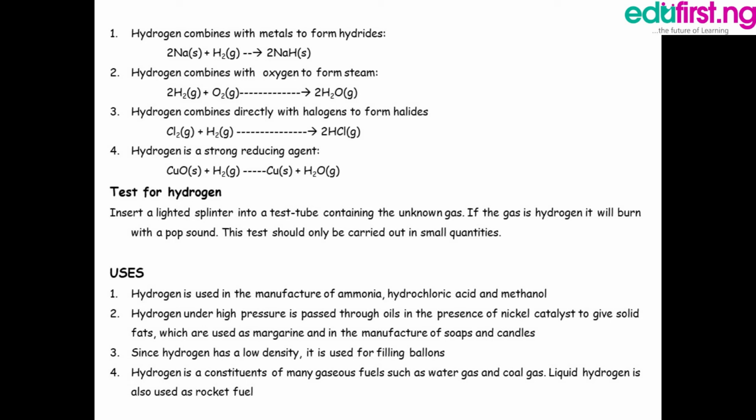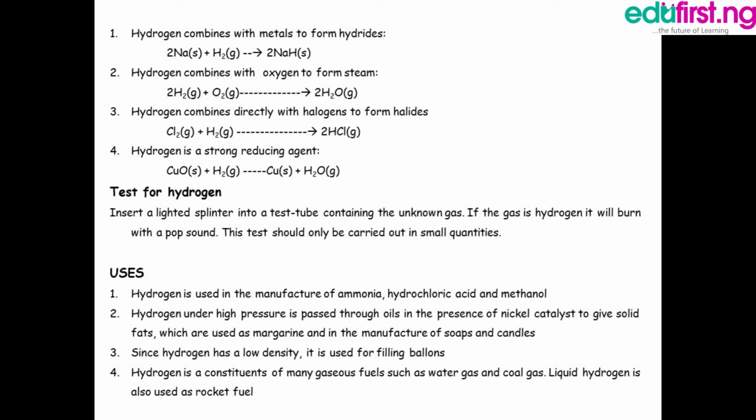Now, what are the uses of hydrogen? Hydrogen is used in the manufacture of ammonia, hydrochloric acid, methanol, and other chemical products. It's also used in the preparation of margarine, because under high pressure it is passed through oils in the presence of a nickel catalyst to give solid fats, which are used as margarine and in the manufacture of soaps and candles.